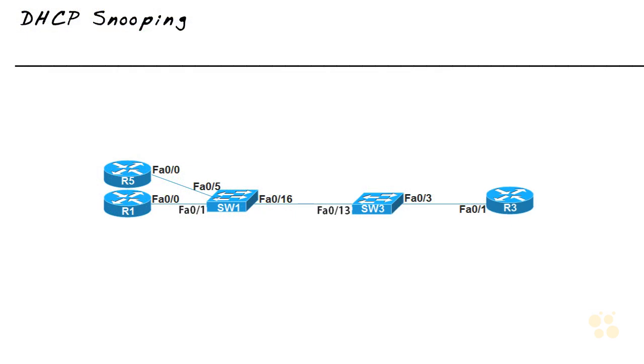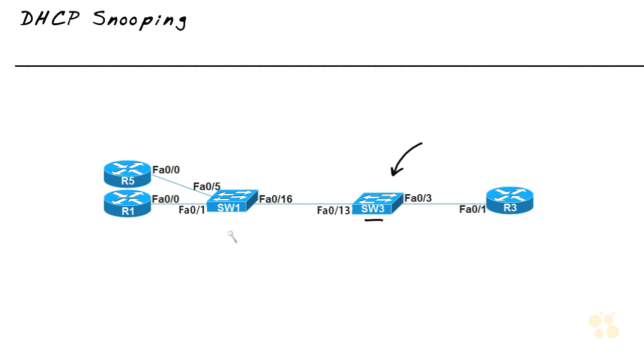Now, with our configuration, did we really fully protect VLAN 1 from these types of DHCP server attacks? And the answer is no, not fully. We configured our DHCP snooping here on switch 3.